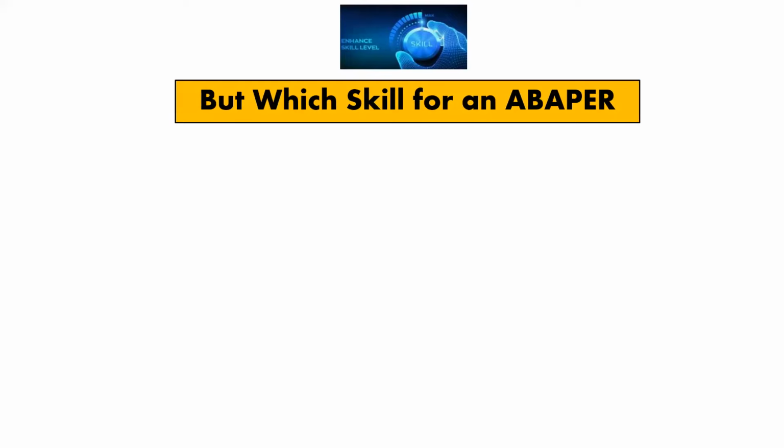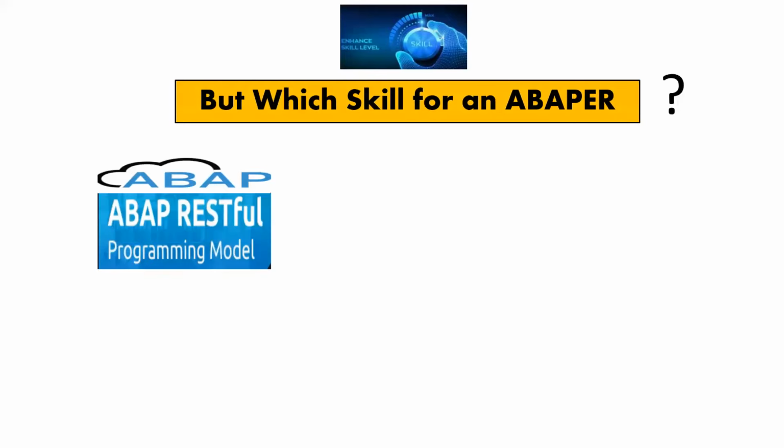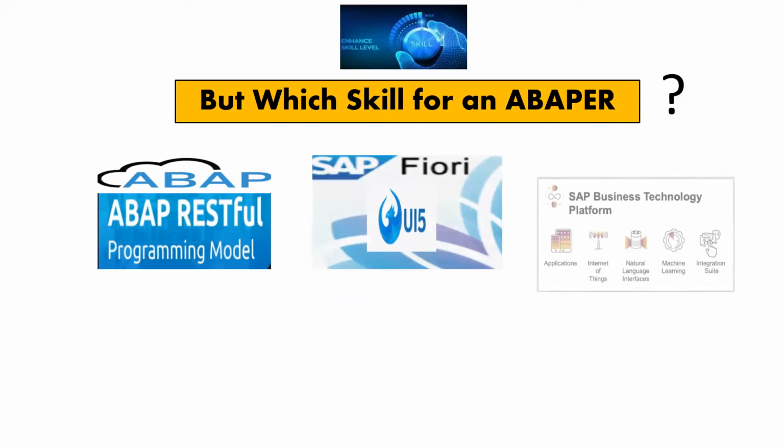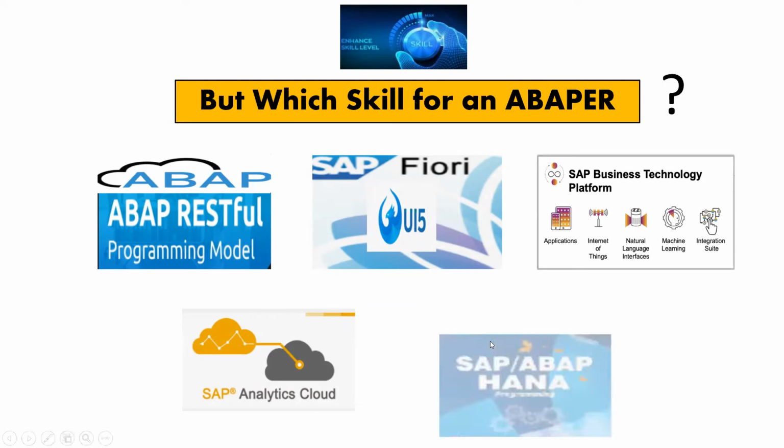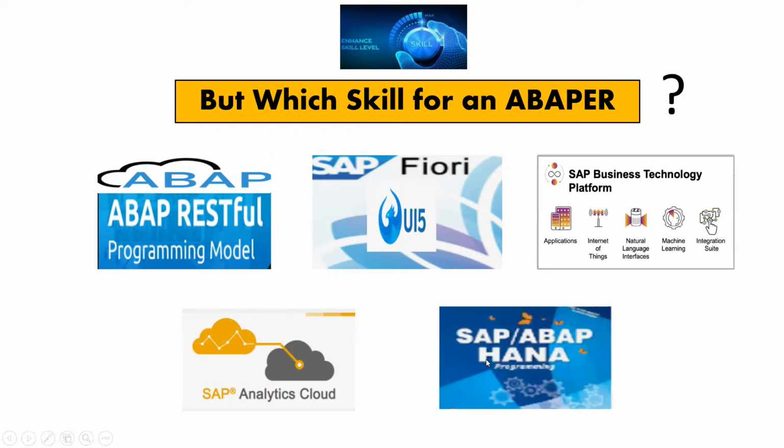But which skill for an ABAPer, right? There are so many things coming in the market nowadays: ABAP RESTful programming, BTP, Fiori, analytics, cloud. Then you have ABAP on HANA. From my standpoint, for an ABAPer, it's very easy to learn technology related to ABAP, like ABAP on HANA.